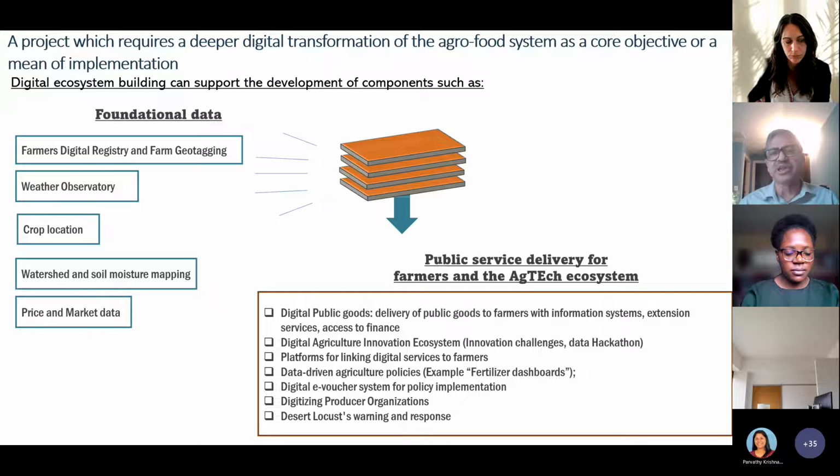And finally, the second pillar is the public service delivery for farmers and the EdTech ecosystem, which is really digitizing producer organizations, digital e-vouchers for fertilizer distribution, and then policies for digital and data, and then developing platforms for linking digital services to farmers, and investing in digital agriculture innovation public systems, and then lots of specific applications to do with that. So these projects have more data and digital components embedded in them from the data and innovation side.